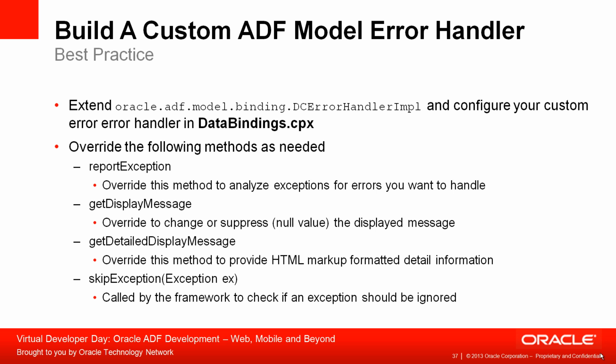Now, the DC error handler impl file has methods like report exception, get display message, get detailed display message, and skip exceptions, which you can use to manipulate, first of all, which exceptions are reported and how they are reported.